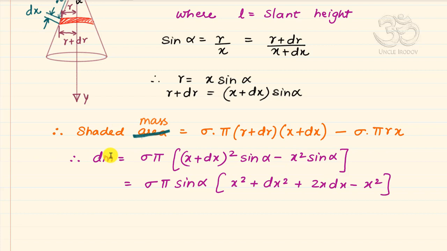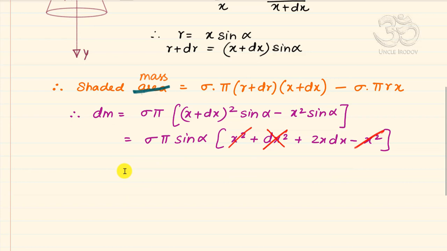You can throw away some terms. You can throw away x square. You can throw away dx square because that is negligible, and the only term that you are left with is 2x dx. And so you are going to get dm as 2 sigma pi sine alpha into x dx.